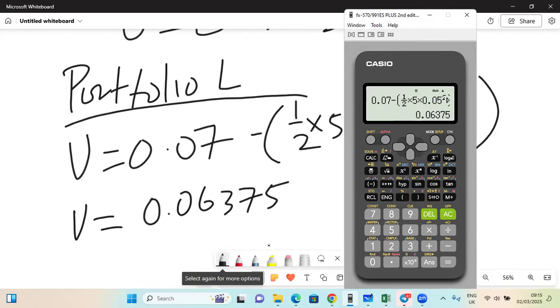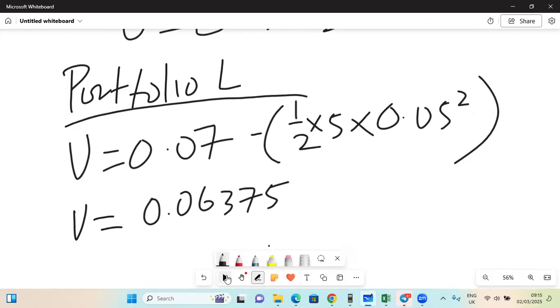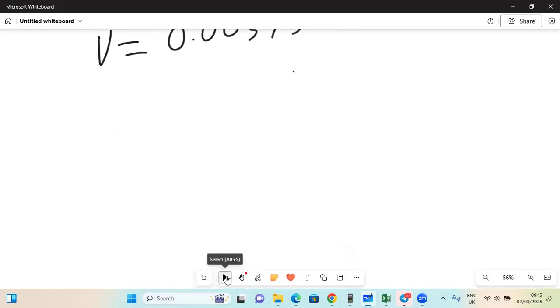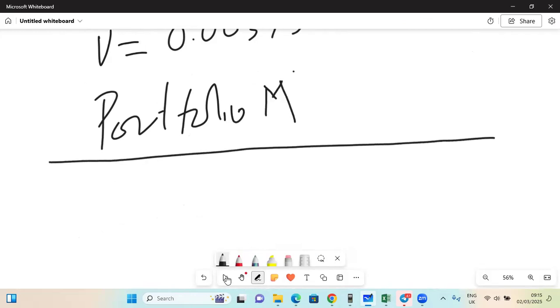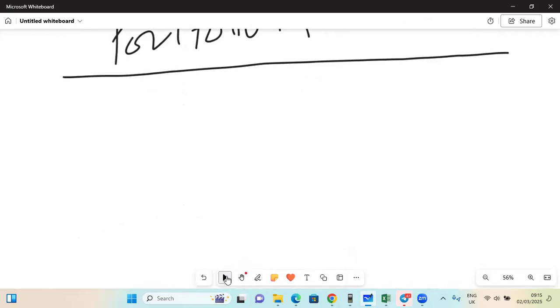Now let's go to the next portfolio, portfolio M. U is equal to the expected return.